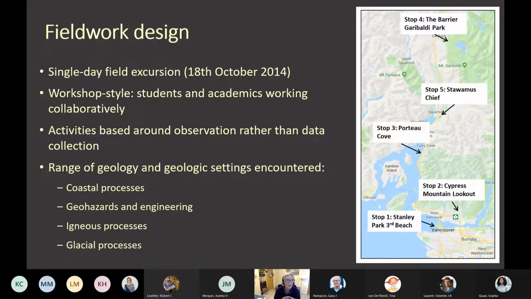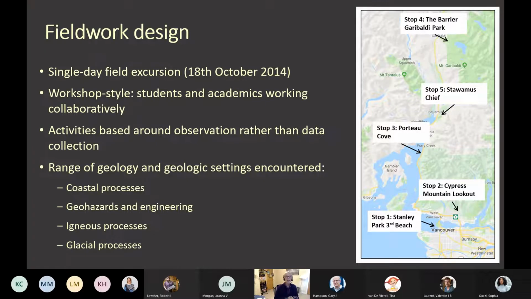And it was delivered very much as a workshop style of field trip where we visited a number of locations over the course of the day, and the students and academic participants were working together. And the activities were based very much around observation, discussion and discovery, rather than detailed and specific data collection.